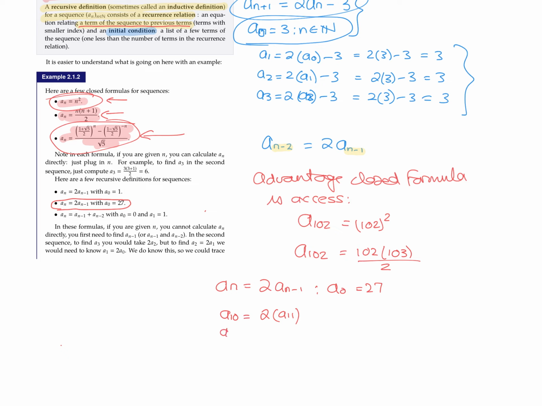If I want to find A11 or A9, I need to find a way to incorporate that, and that is starting at A0. So I can start at A1 and say it's twice A0. So A2 will be the previous term times 2, according to our recursive definition. The next term will be 2 times A2, whatever A2 was. And I need to do that until I get to A10.